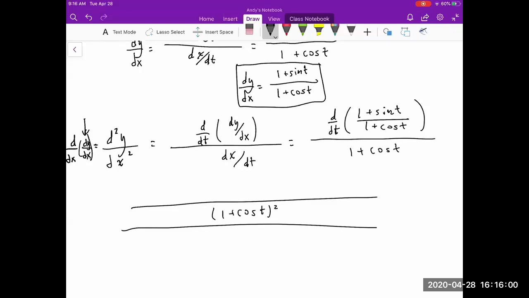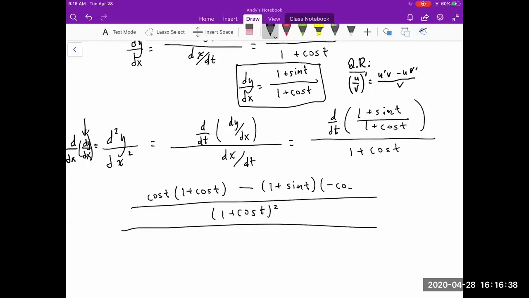So quotient rule is derivative of, so let me just write it here. For quotient rule, u over v, derivative is u prime v minus u v prime all over v squared. That's a v. So it's derivative of the top regular of the bottom minus doing the opposite way around. So let's see. Derivative of the top, 1 plus sine, its derivative is just cosine, times regular of the bottom, 1 plus cosine, minus regular of the top, 1 plus sine, times derivative of the bottom, which is negative sine, negative sine.